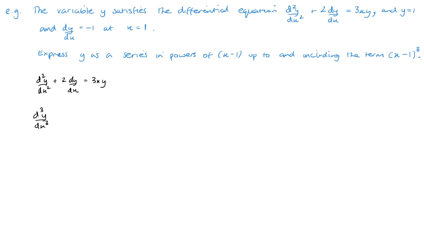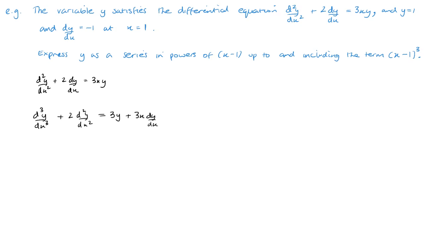Differentiate 3 more times. So d2y by dx squared differentiates to d3y by dx cubed plus 2 d2y by dx squared plus, now differentiate the 3x first, so 3y plus 3x, and differentiate the y, dy by dx.